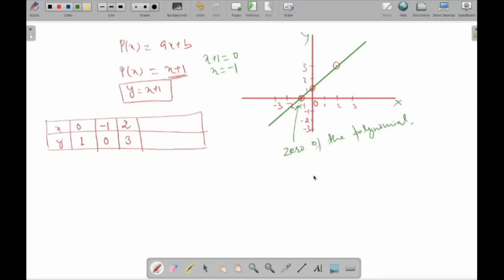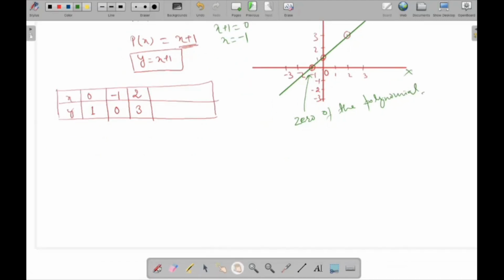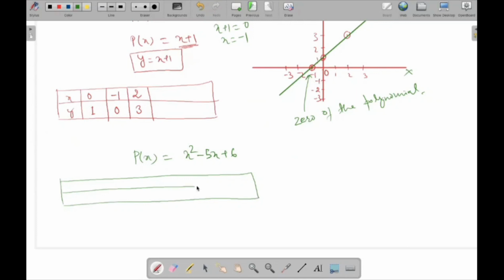This is for linear. Let's talk about another polynomial, which will be a quadratic polynomial. Let's take the simple case x square minus 5x plus 6, and let's try to plot the graph again. So we will be taking values of x and y and trying to plot the graph.